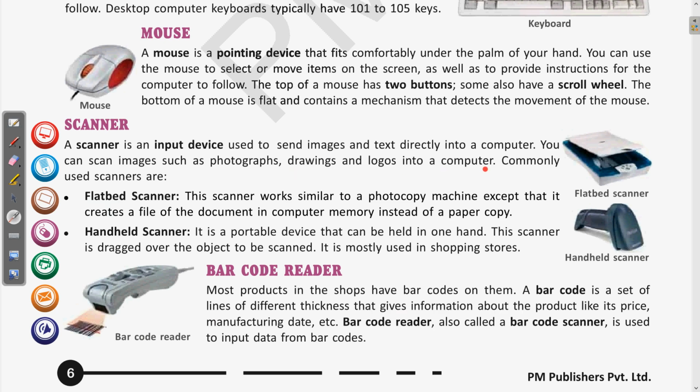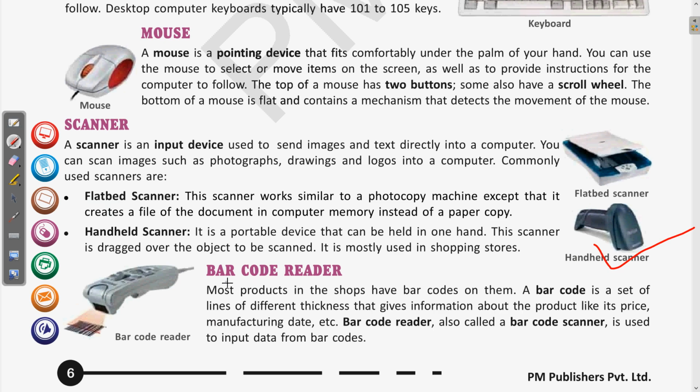So it can make a digital print of that on your computer screen. That is of two types, flatbed scanner and handheld scanner, which I have told you. Flatbed has a flat surface, and handheld can be used using your hand.